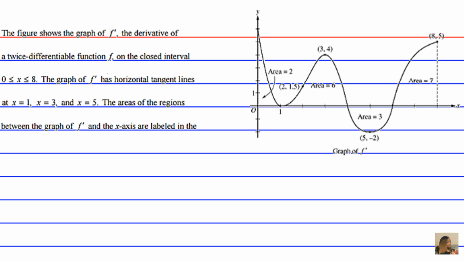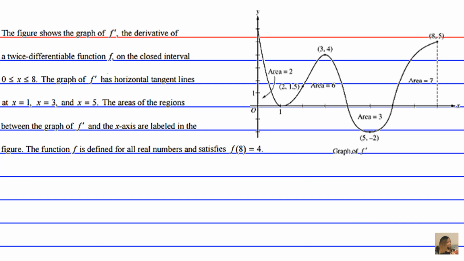The areas of the regions between the graph of f prime and the x-axis are labeled in the figure. The function is defined for all real numbers and satisfies f of 8 equals 4.